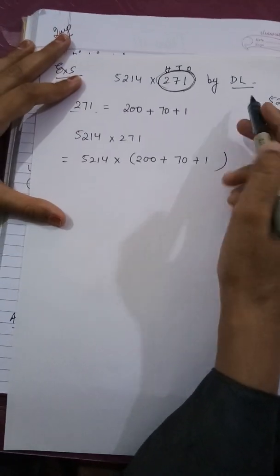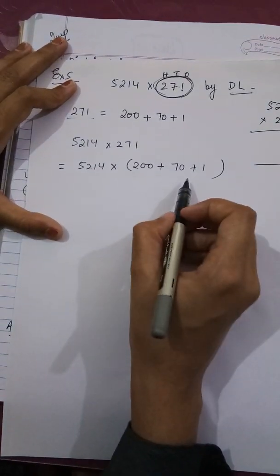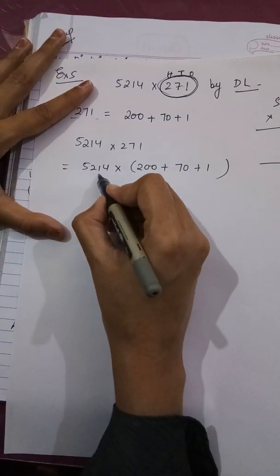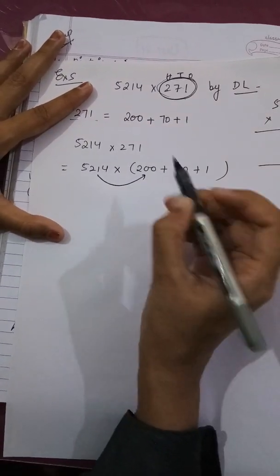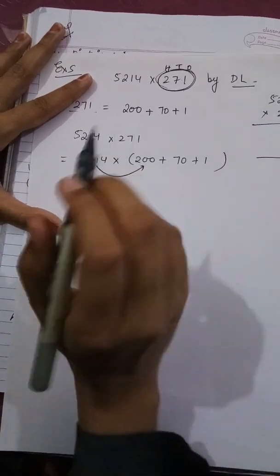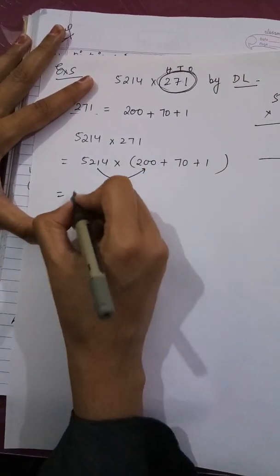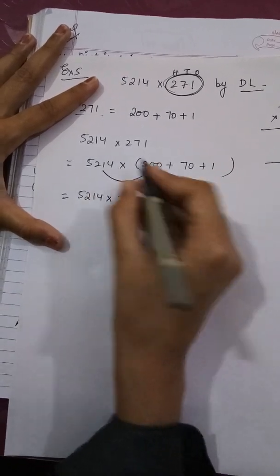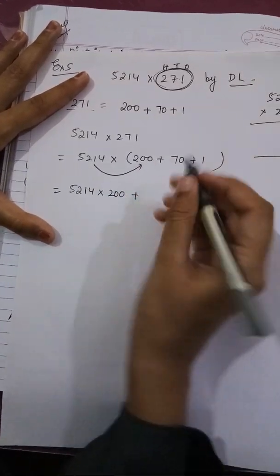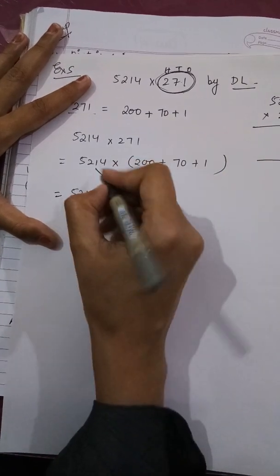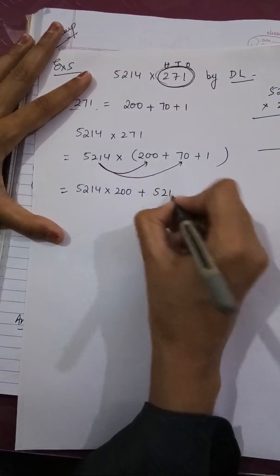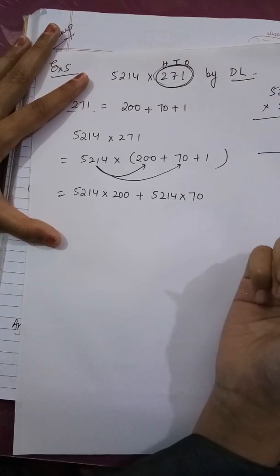Now we are going to use the distributive law, and in distributive law, the number which is outside the bracket is going to be multiplied by each number which is inside the bracket. Okay, so now firstly 5214 will be multiplied by 200, then the next sign is of plus. Now this is done, 200 is done. Now 5214 will be multiplied by 70, 5214 multiplied by 70.